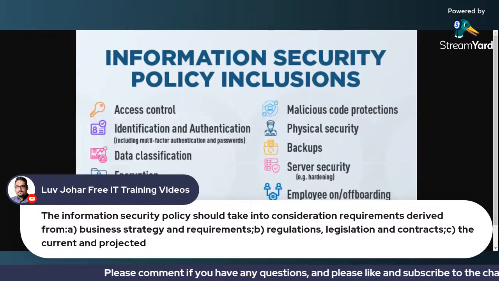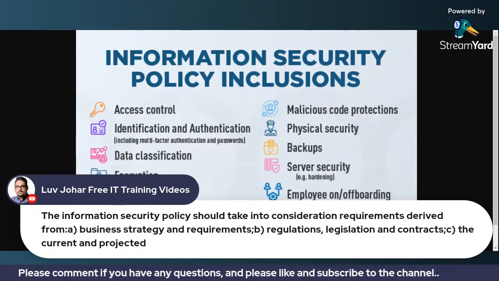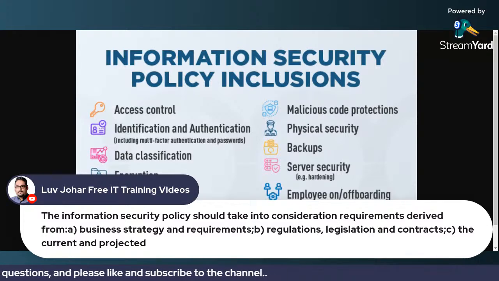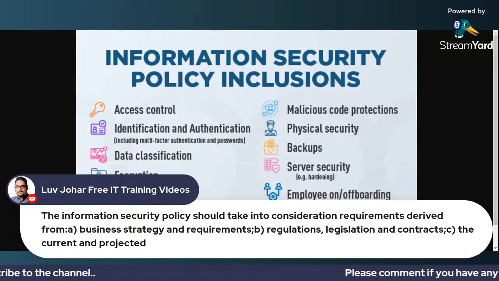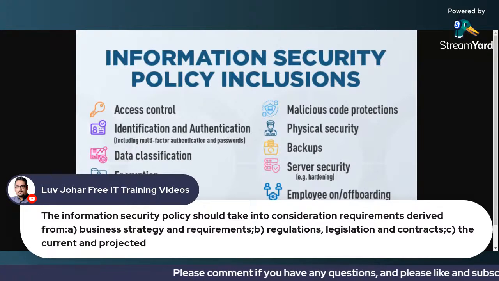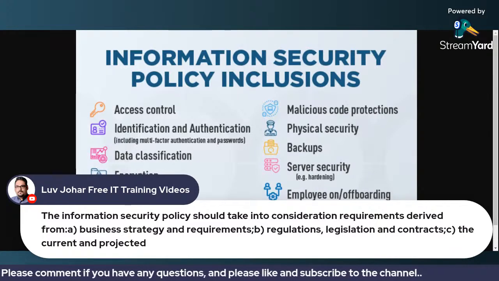That is the strategy of the business. What is the future of the business? How will the business grow? What information security related challenges might the business face, that you have to address in this information security policy? That is what this statement means: business strategy and requirements. Hope it is clear now.